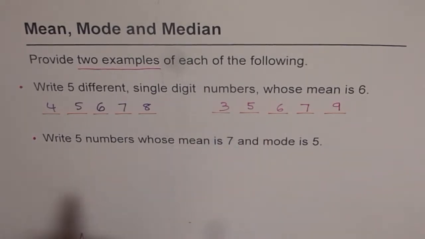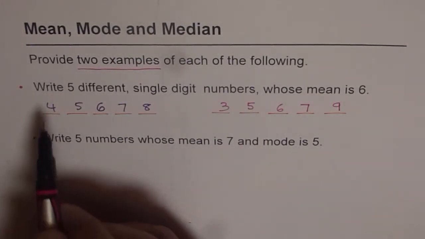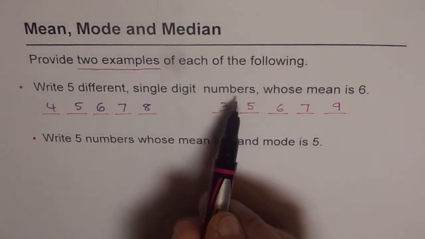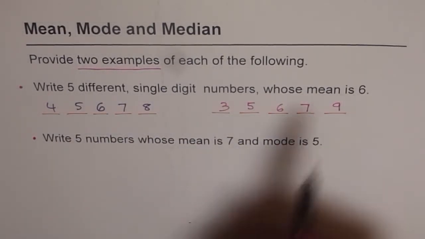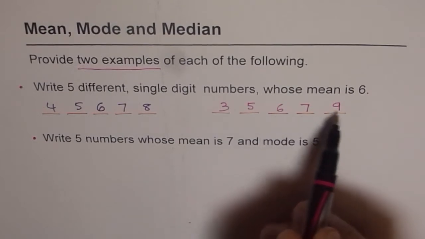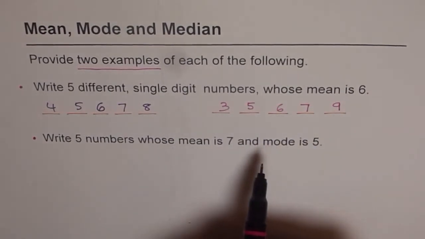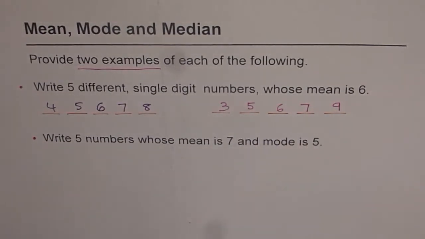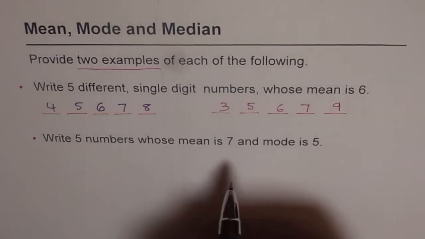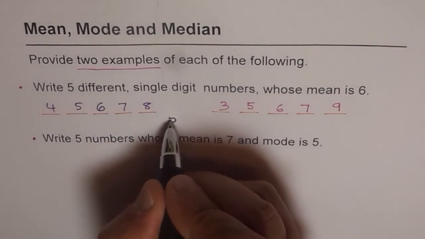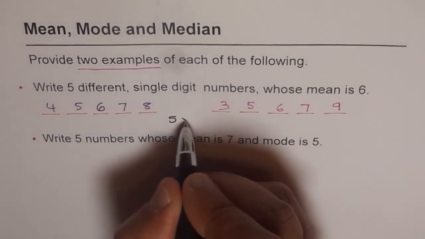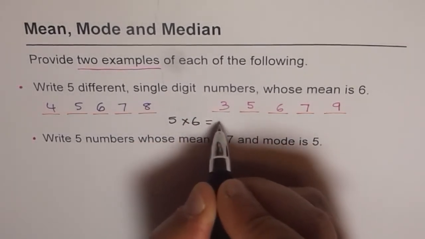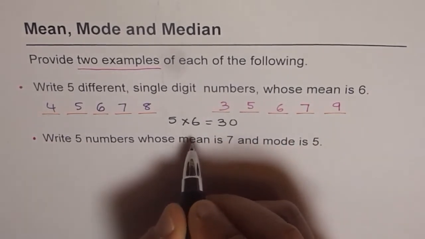Now once you write your numbers, it's a good idea to check your answer, right? If we have 5 different single digit numbers whose mean is 6, then what should be their sum? Add them and find it out. But can you tell me, without adding, what should be the sum of these numbers? Well, if there are 5 numbers with 6 as the mean, the sum should always be 30, right?